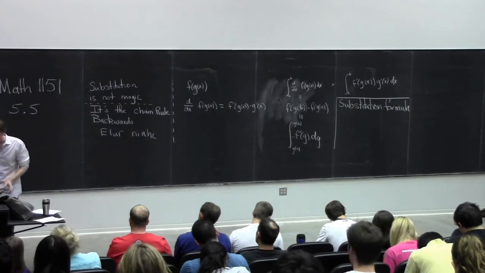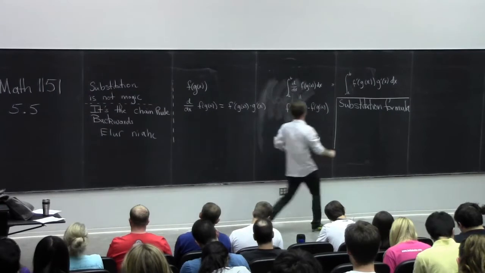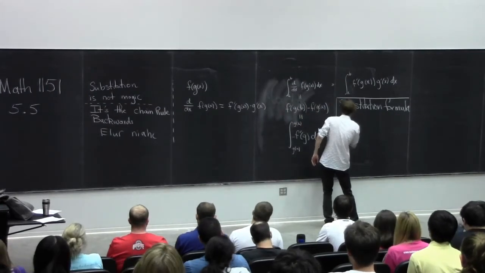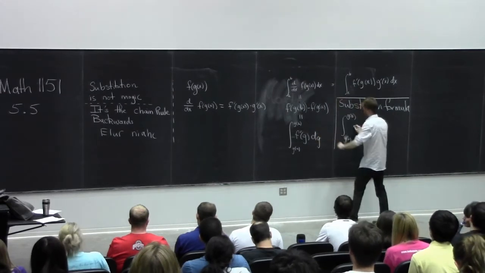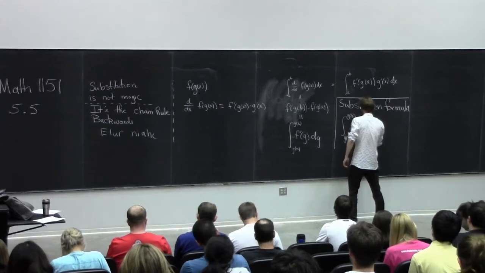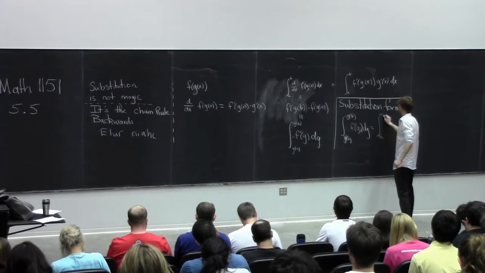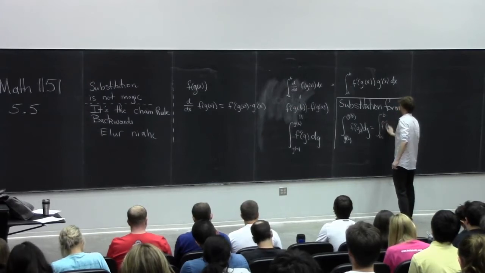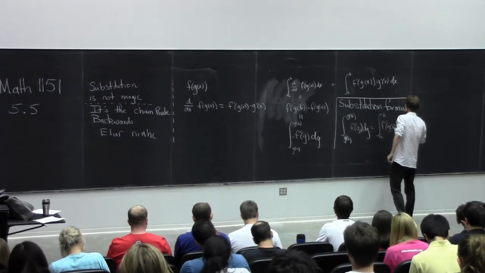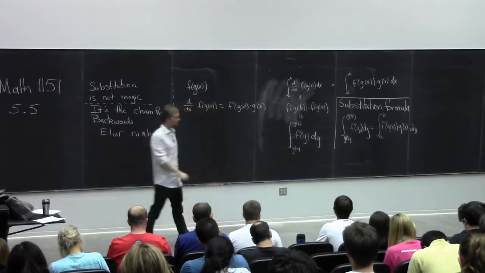So here's the formula: the integral from g of a to g of b of f prime of g dg is equal to the integral from a to b of f prime of g of x, g prime of x dx. This is the substitution formula.